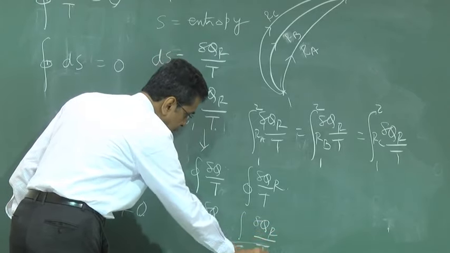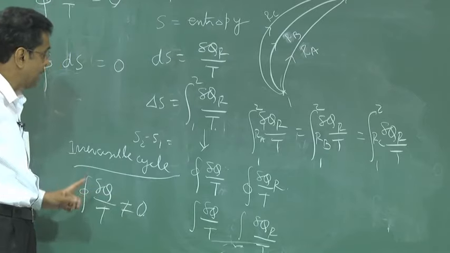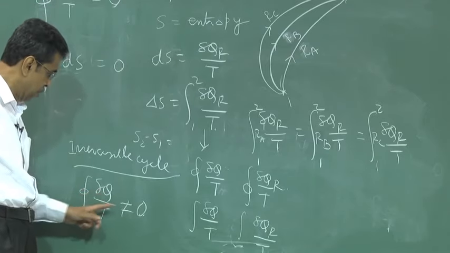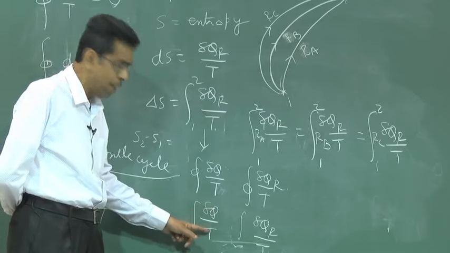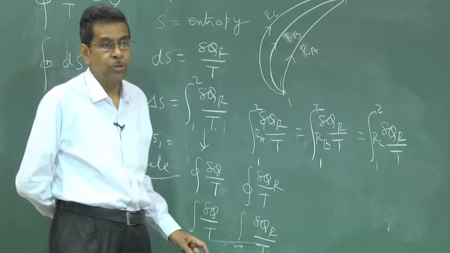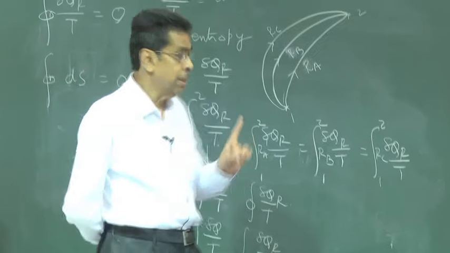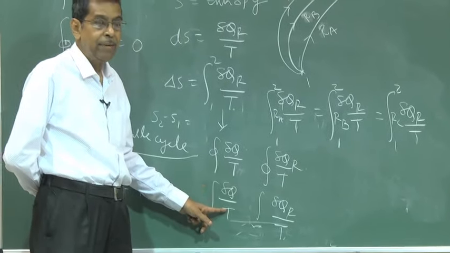Since del q by T is not equal to 0, the integral of del q by T is a path function, not a point function. So, two questions come. First question, what is the value of del q by T in an irreversible process?